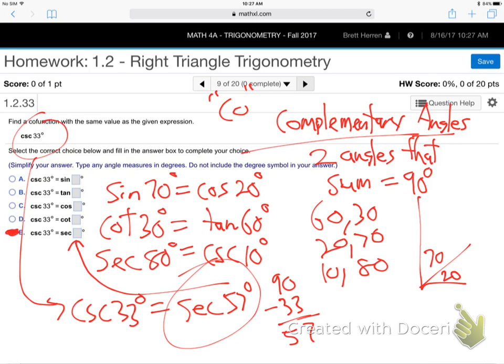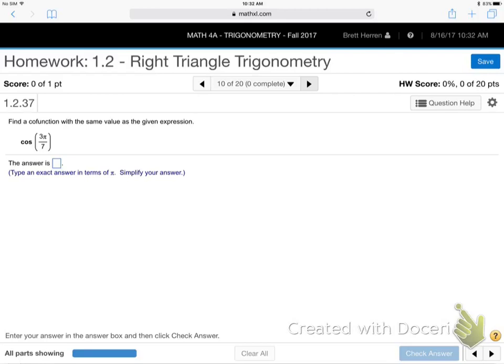All right. They're giving me cosine of 3 pi over 7, and they're saying, find a cofunction with the same value. Well, first off, which trig function? When we switch the co option, cosine will become sine, right? We take off the co. Now, how am I going to do the angle thing? 3 pi over 7, they're giving me radians.